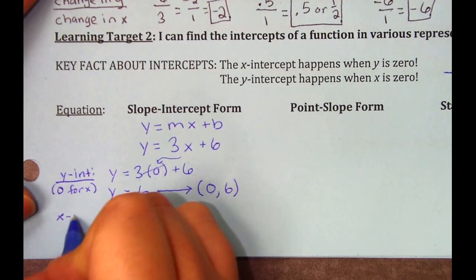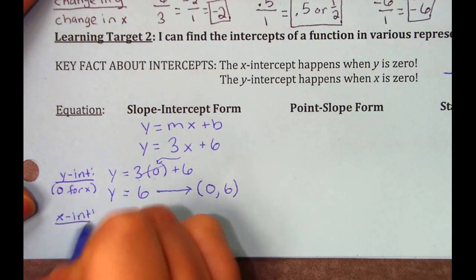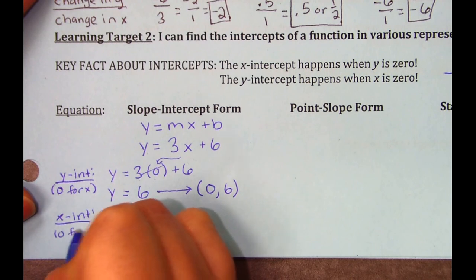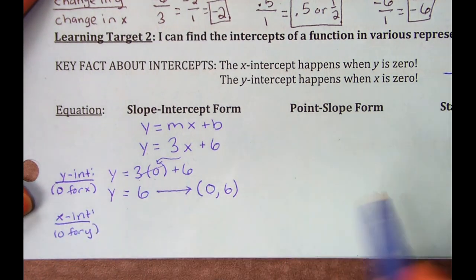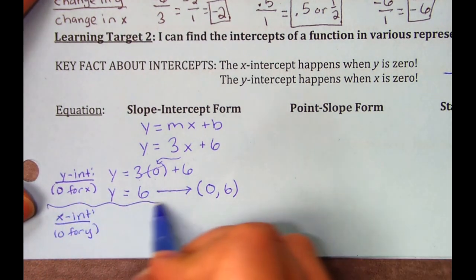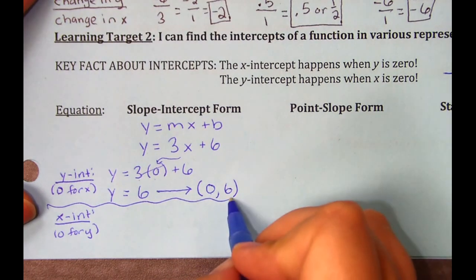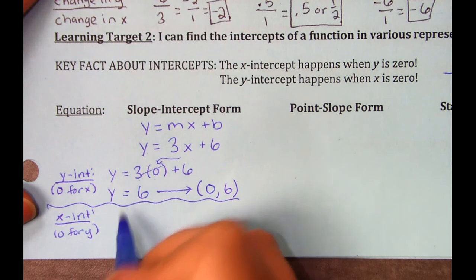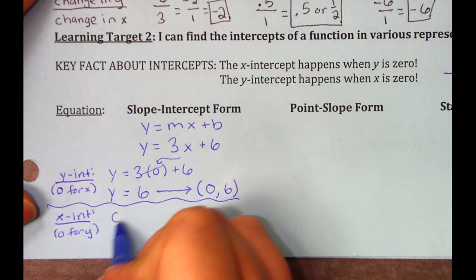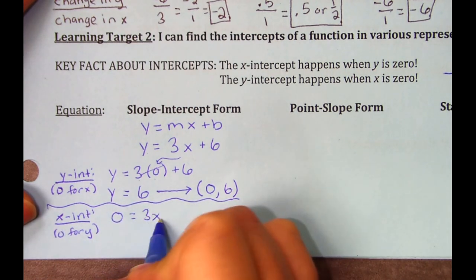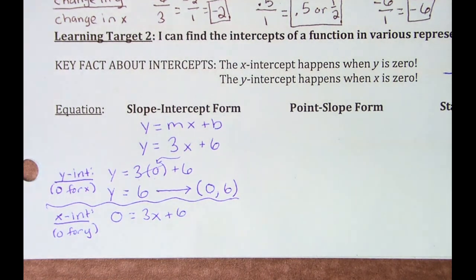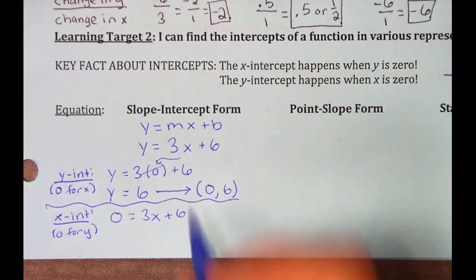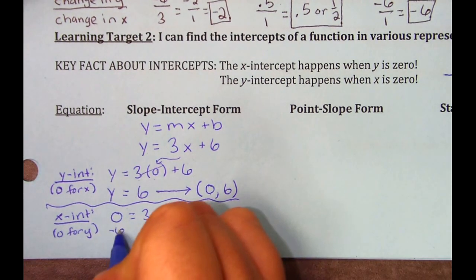If I want to find the x-intercept, that means I put 0 in for the y value. So now, instead of y equals 3x plus 6, I'm going to have 0 equals 3x plus 6. And then I solve this for x. So I subtract 6 from both sides.